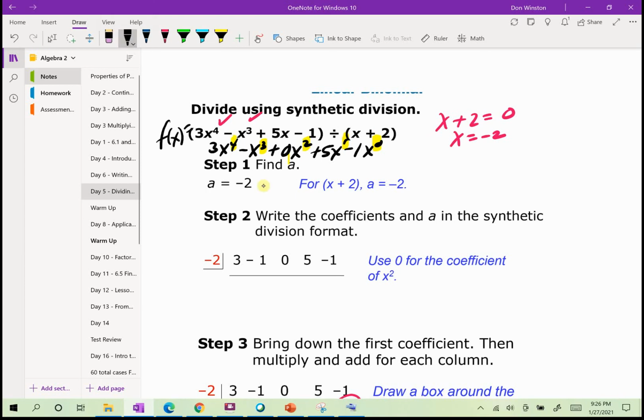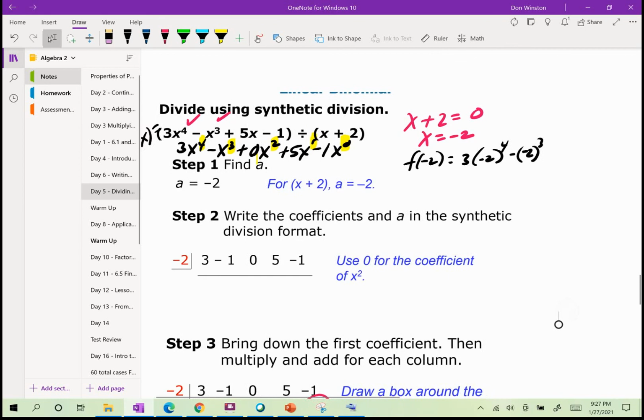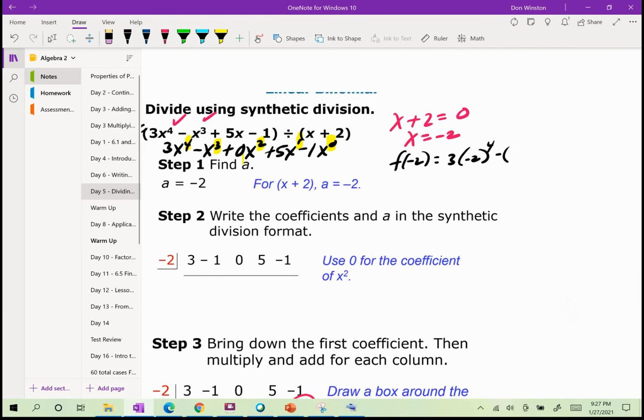If I substitute negative 2 into the polynomial, that's 3 times negative 2 to the 4th, minus negative 2 to the 3rd, plus 5 times negative 2, minus 1.